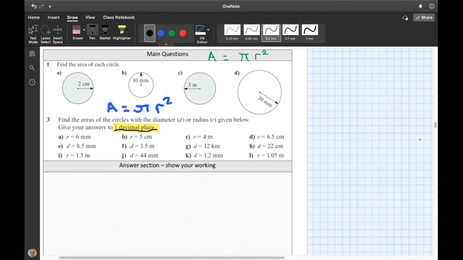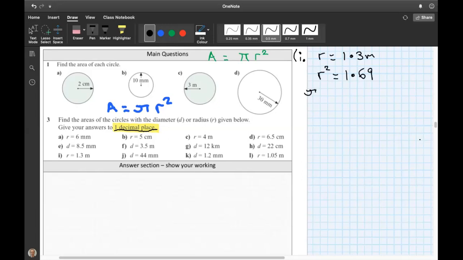First one starts off nice and simple because they've given us the radius. So this is question 3I now. They've given us the radius, which is 1.3 meters. We now need to square the radius to find r squared. Just do that on our calculator now. 1.3 squared gives us 1.69.